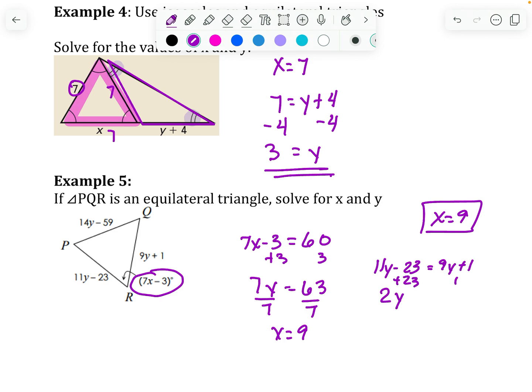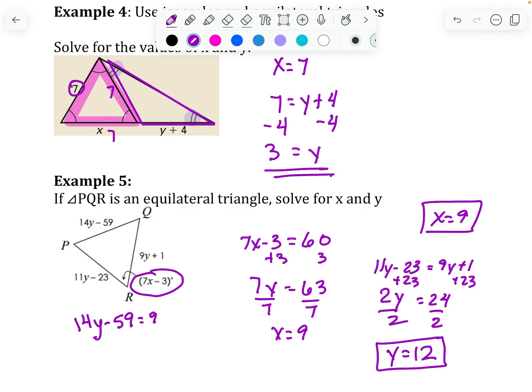And if you do that, 2y equals 24, y equals 12. You could have just as easily used any of the other sides. So you could have said 14y minus 59 equals 9y plus 1. It doesn't matter. You could have used either.